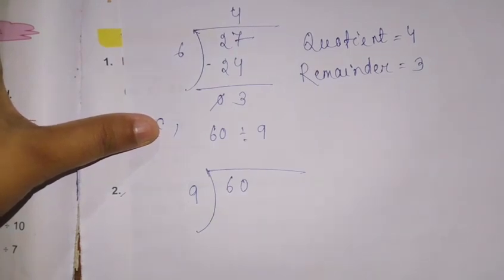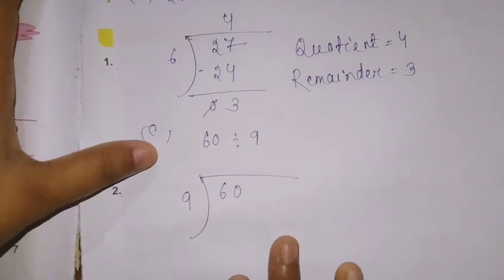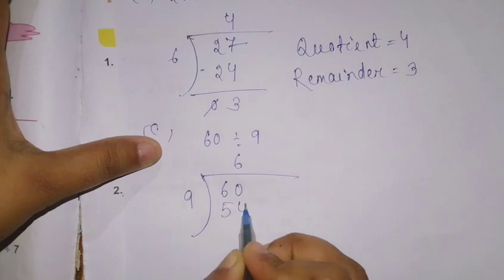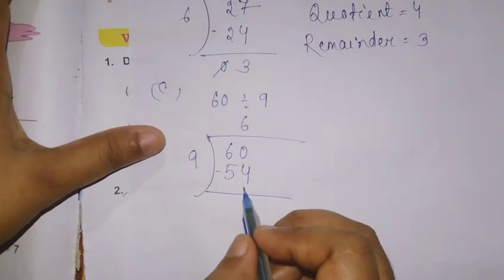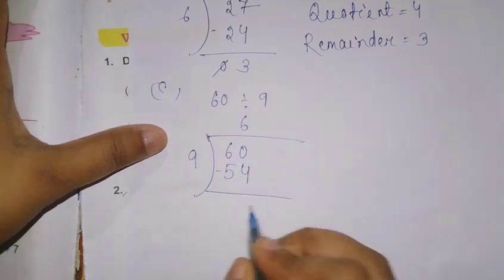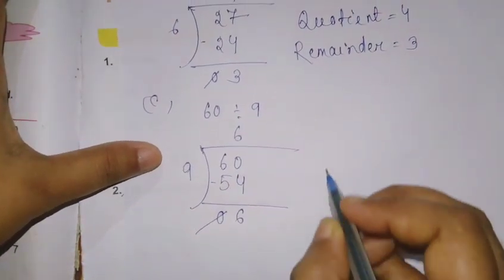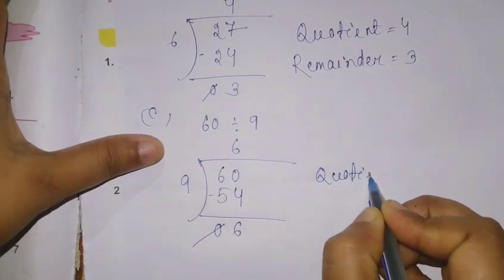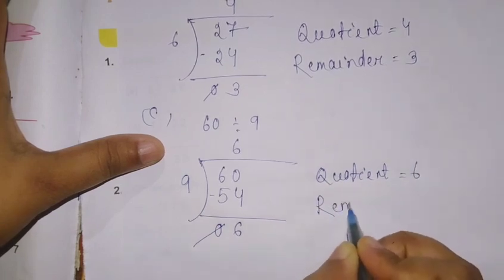Then you recite till you get a number which is just less than 60. Then 9 sixes are 54. Then 0 minus 4 we cannot subtract, so borrow. 10 minus 4 equals 6. Then 5 minus 5 equals 0. Here quotient equals 6 and remainder also 6.